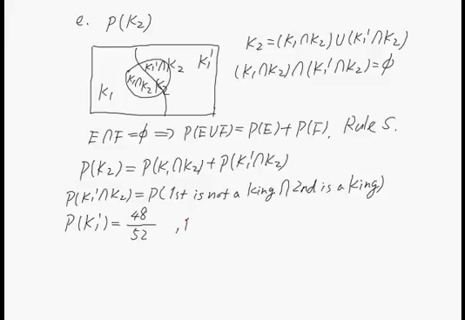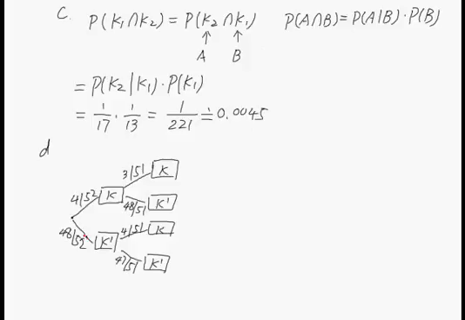And what is the conditional probability that the second card is king, given that the first card was not king? This is the conditional probability of K2 given K1 prime. Going back to the tree diagram, the first card was not a king and the second card is a king, so this conditional probability is equal to 4 over 51.